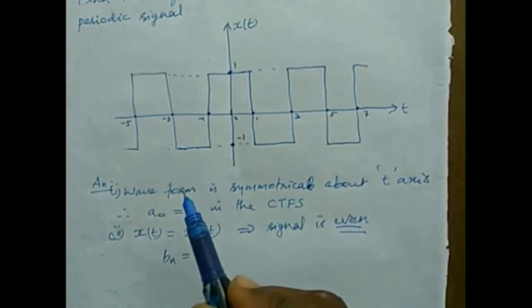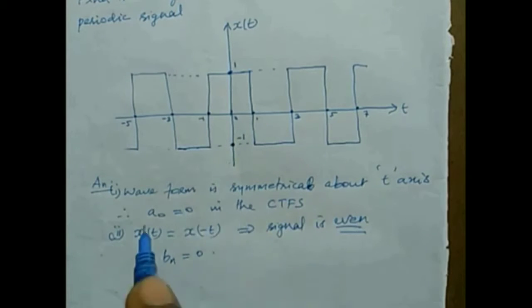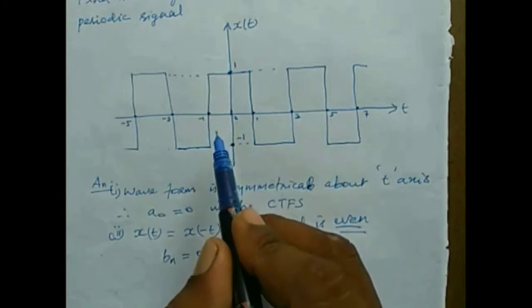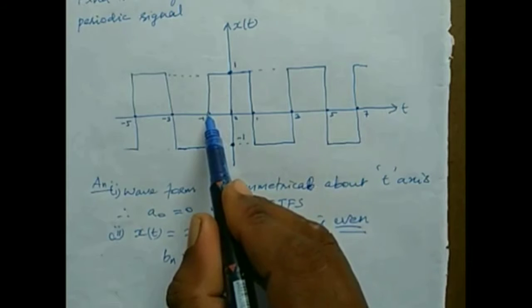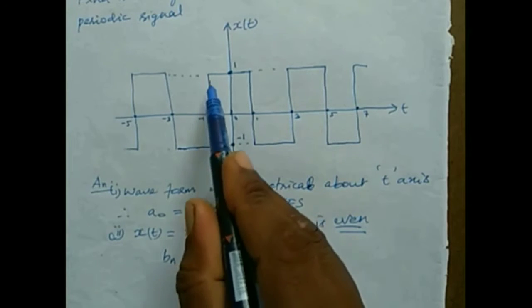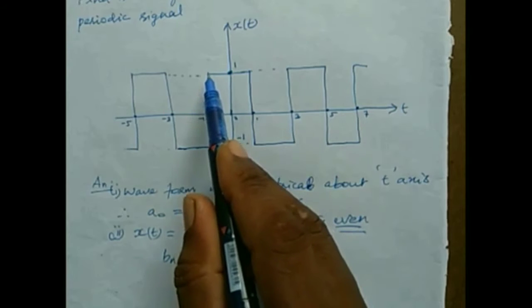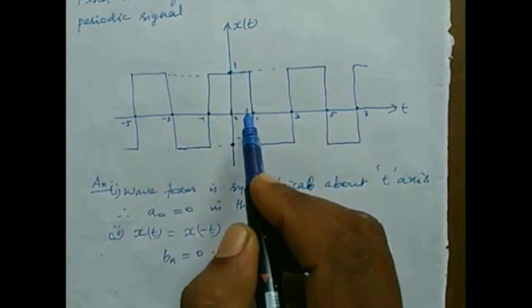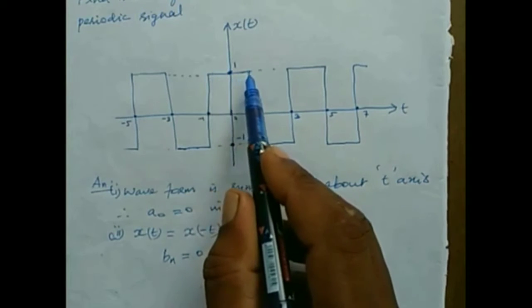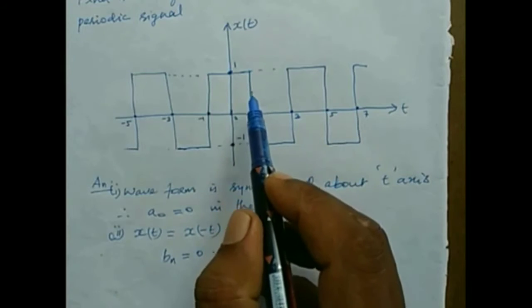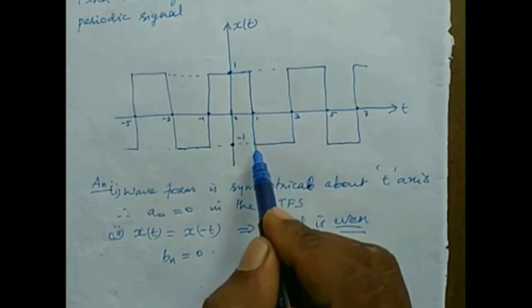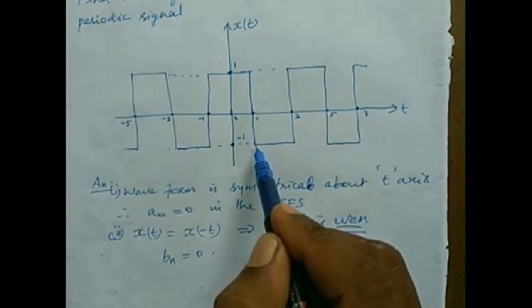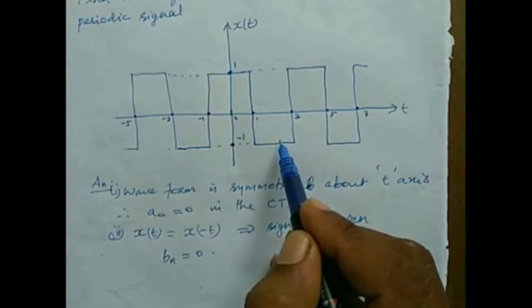Now let us calculate the time period of the signal. Time period is the duration of a complete waveform. If we start from here, the signal goes to positive amplitude, then for a duration of 2, the amplitude remains at 1, then the amplitude goes to -1 and remains at -1 for another duration of 2.